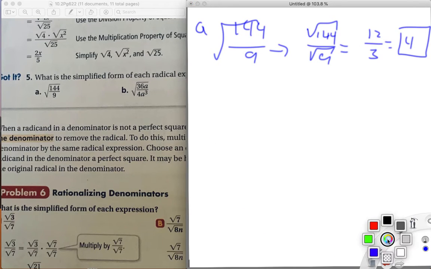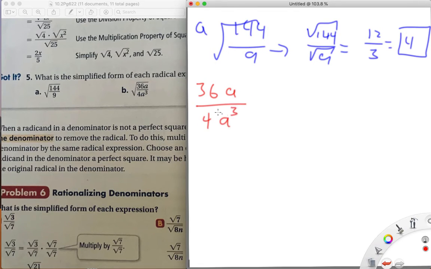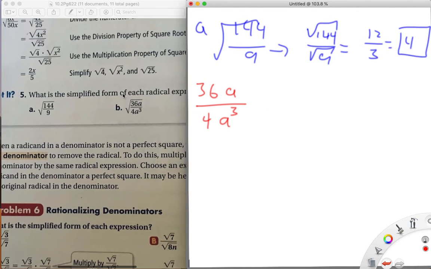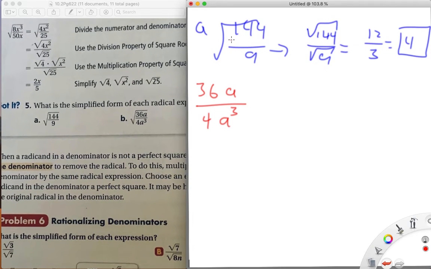For B, we have 36a over 4a cubed. So what's neat about this is I can sort of do two things at once. I'll leave the 36 and the 4.